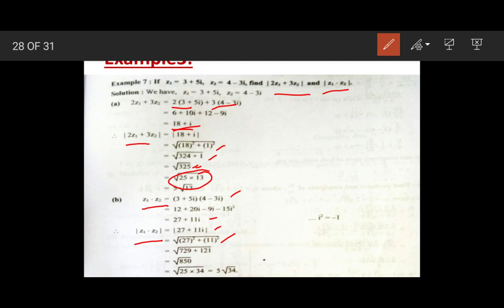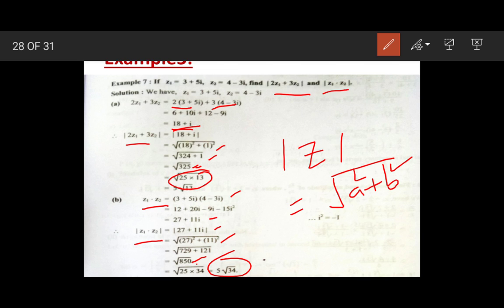So that is equal to 5 root of 34, or you can say under root of 850. Okay. So this sign, mod sign, that means mod of Z means root of A square plus B square. Okay. This sign means modulus value.